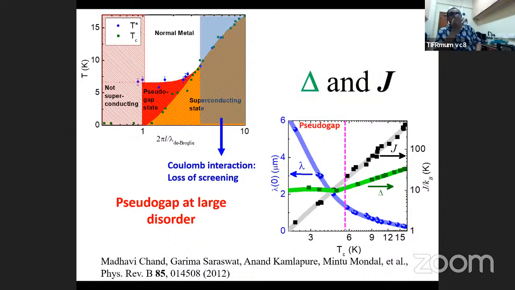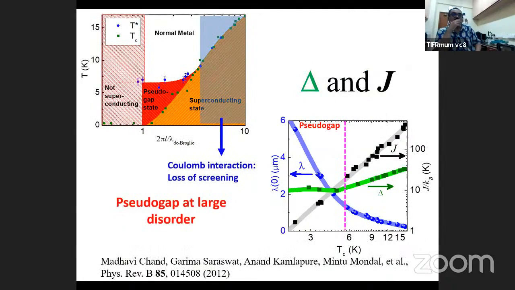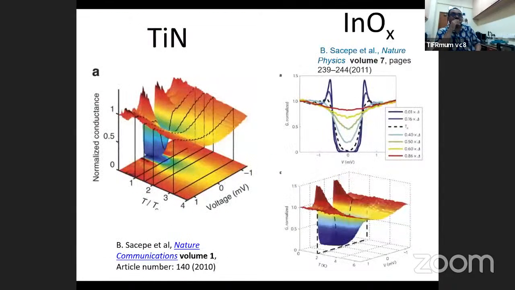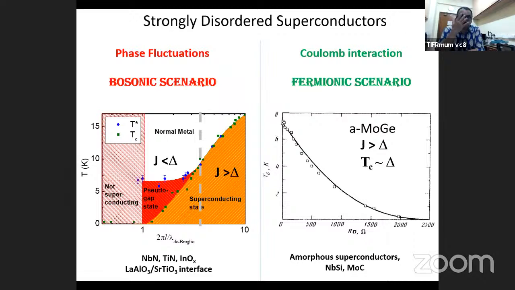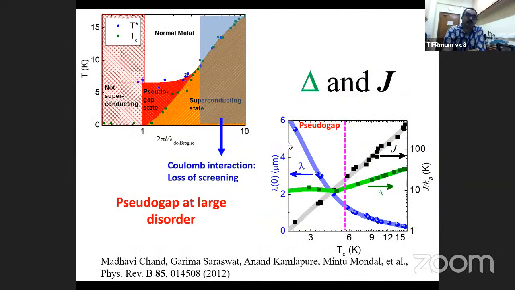All right, now for all these films, you have measured the superconducting gap from STM, and this is the Tc of the film, the superconducting transition temperature.